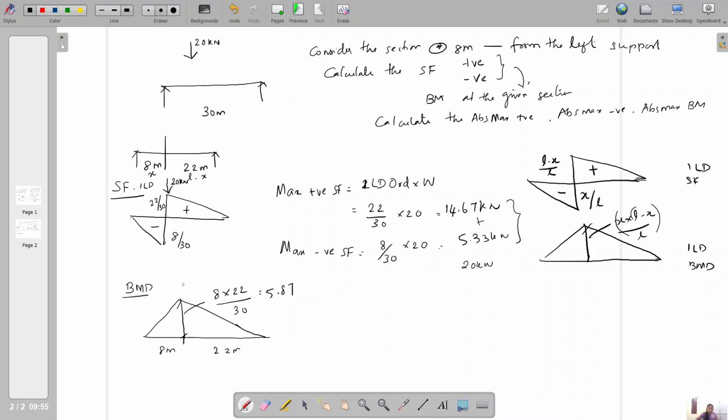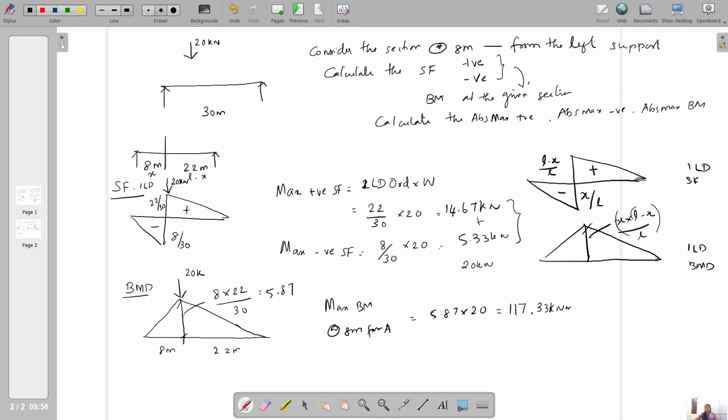Okay, and you superimpose the load 20 kilonewton and the maximum bending moment at 8 meter from support A is equal to 5.87 into 20. So it is totally 117.33 kilonewton meter. So this is the bending moment value at the given section.